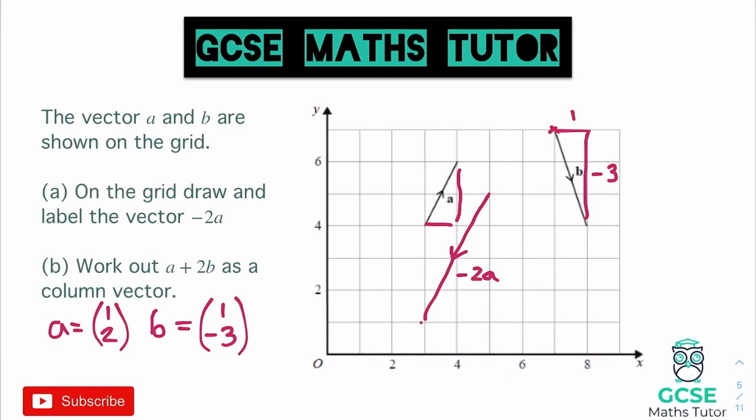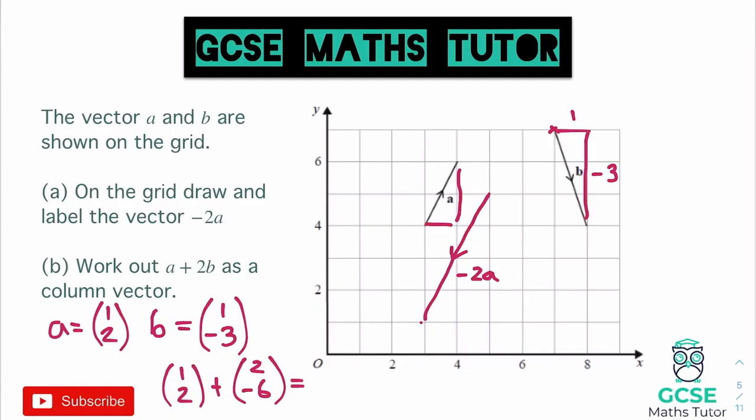So now we've established that, we can treat that like we did in those earlier questions. We're going to do an A, and we're going to add to that 2 B's. So we've got A, which is 1 over 2, and we're going to add to that 2 of the B's, so that's 2 lots of 1 on the top, which is 2, and 2 lots of minus 3 on the bottom, which is minus 6.